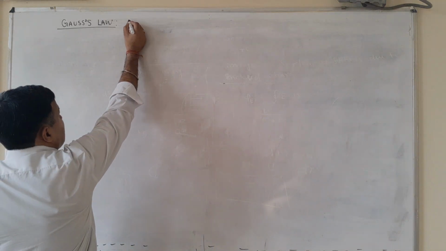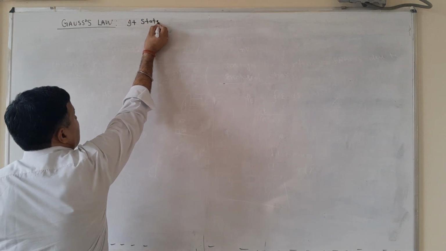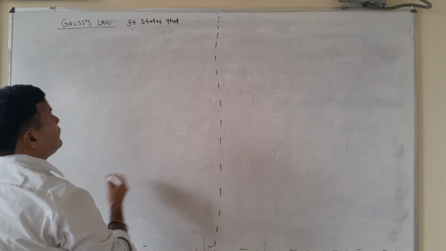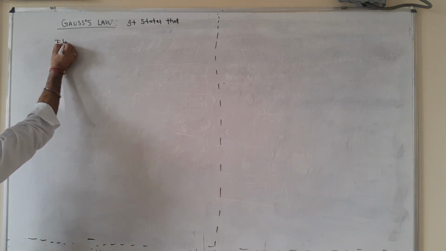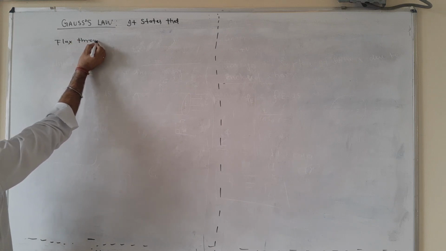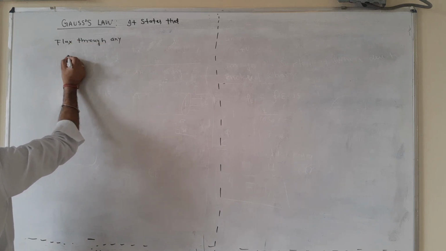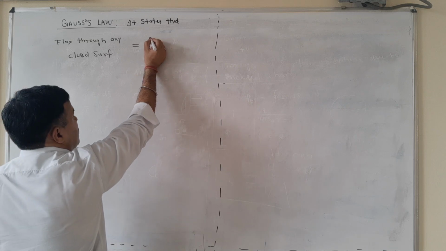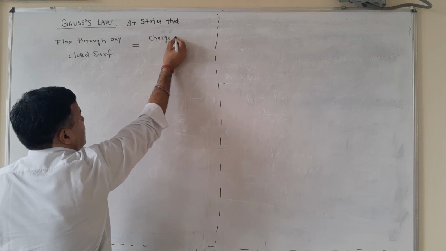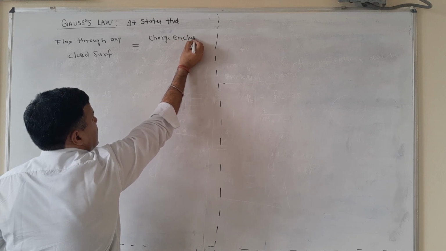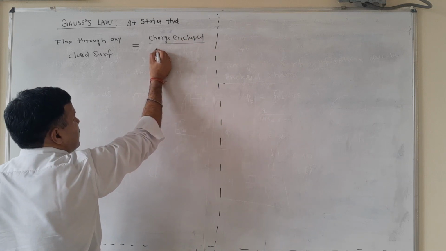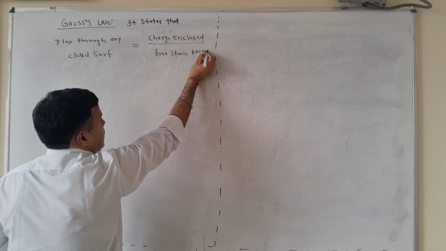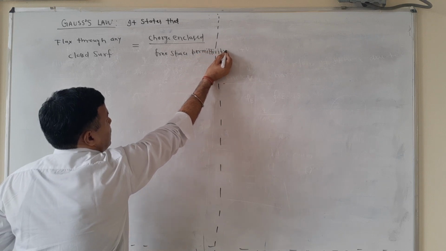So it states that flux is equal to the charge enclosed divided by free space permittivity.